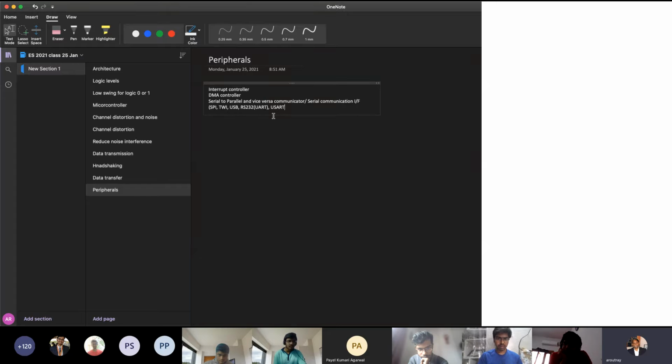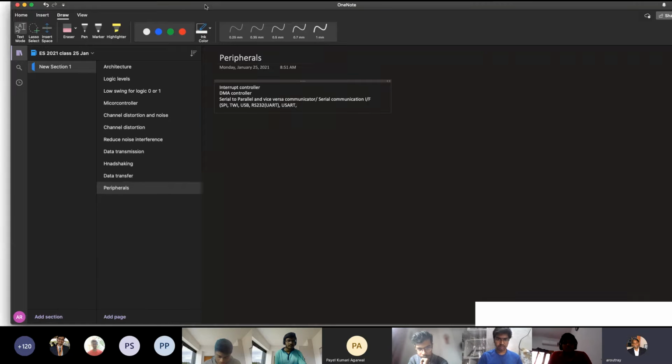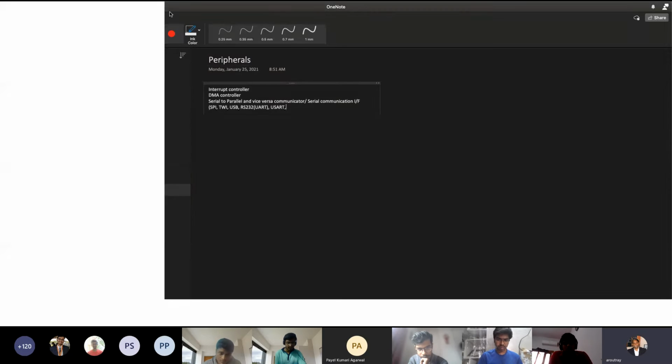Can you tell me other serial ports apart from USB and these? Somil Agrawal, bring him into the spotlight. Tell me what other serial communication you know?